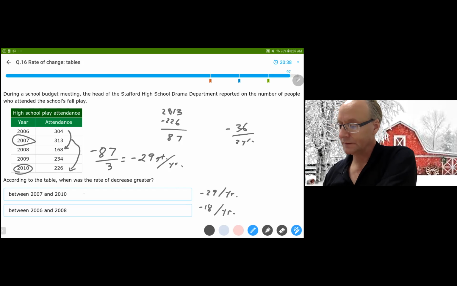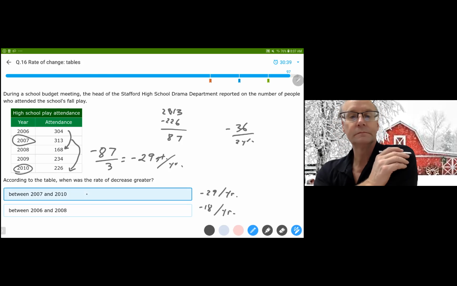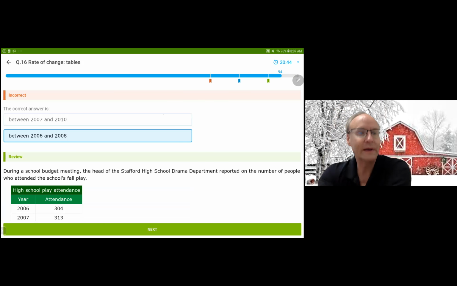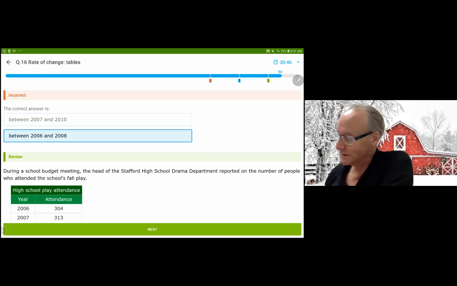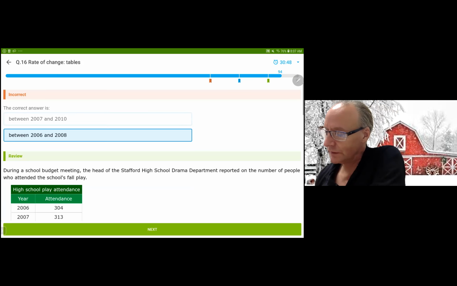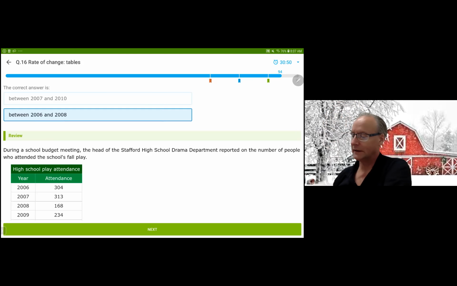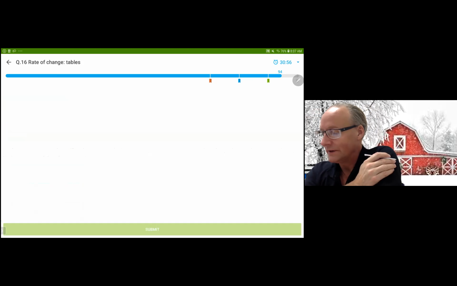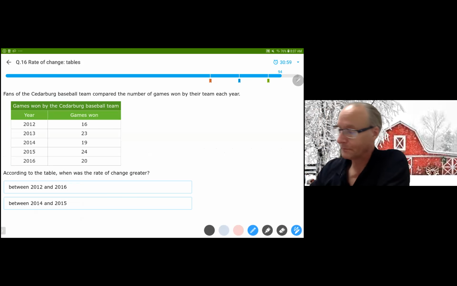Definitely looks like 2007 to 2010. Oh God, did I make a math error? Oh, was it 2 years for the other one? No, it's 3 years. Oh, it's over 3. Oh, I'm such a spaz. Sorry, guys. Now I'm going to have to pay for it. So now I've got to do more work. Okay. Got to be more careful.